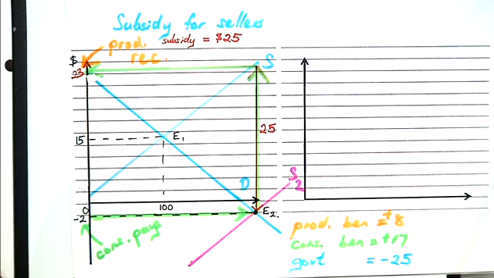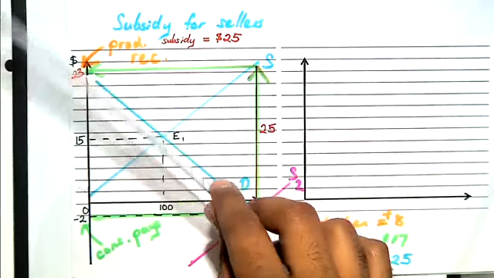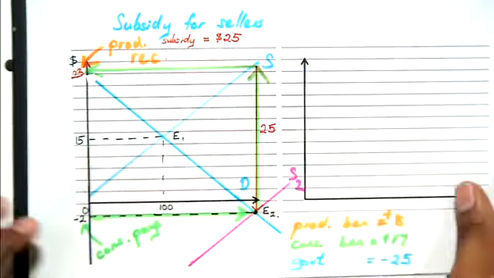Whether it's a tax, whether it's a subsidy, whether it's on the seller, whether it's on the buyer, it always ends up being shared. And the size of the share depends on the elasticity of demand and elasticity of supply.